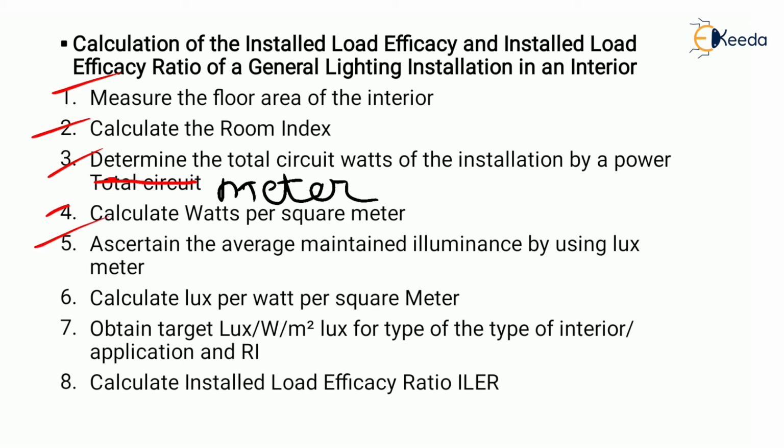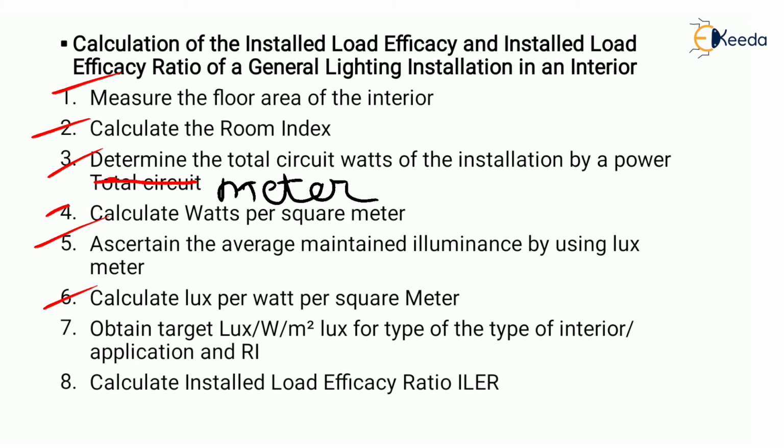Next one is ascertain the average maintained illuminance by using the lux meter. So we can get the average illumination using the lux meter. Next one is calculate the lux per watt per square meter.